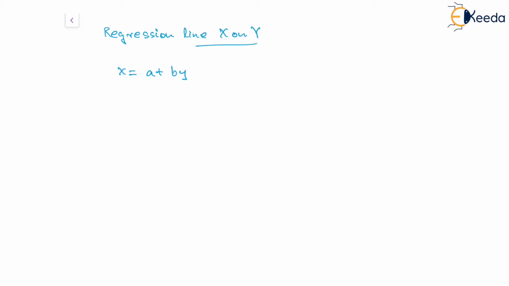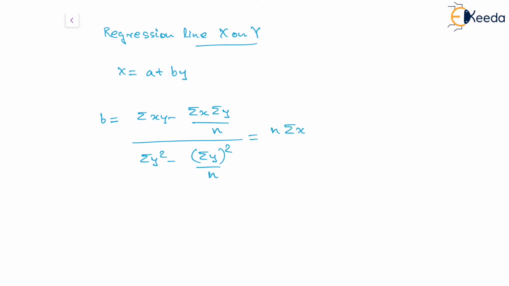This a and b not to be confused with the a and b of the regression line y on x, and this b will be given by the expression summation of xy minus product of summation of x and y by n divided by summation of y square minus summation of y whole square divided by n, which can be written as n times of summation of xy minus product of summation of x and y divided by n times of summation of y square minus summation y whole square. So this is nothing but Sxy by Syy.